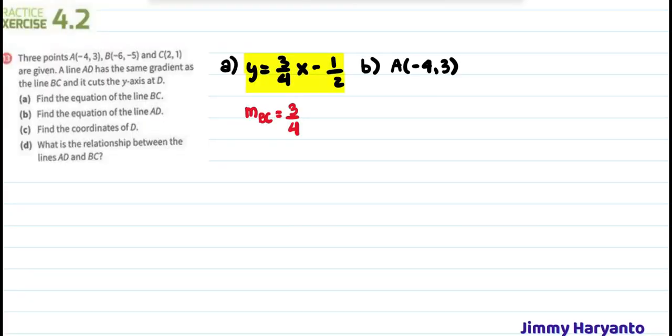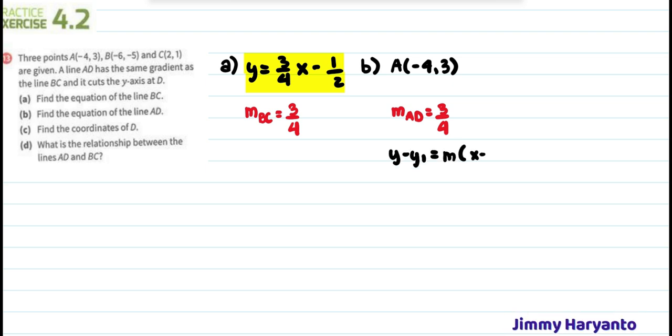And then next is question B. For question B, the question says the gradient of AD is the same as the gradient of BC. That means the gradient for this one is also 3 over 4. And then the question wants you to find the equation. That means y minus y1 equals m times x minus x1. Y1 is 3. The gradient is 3 over 4.